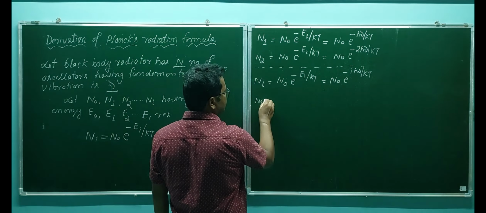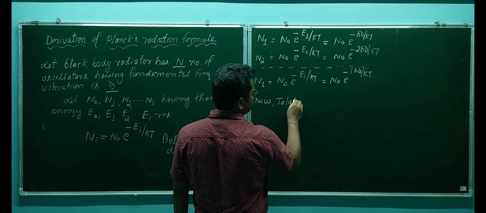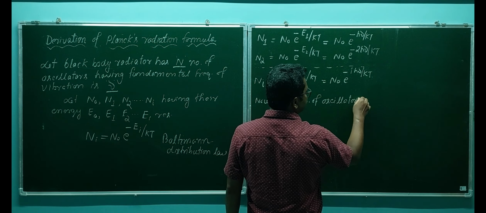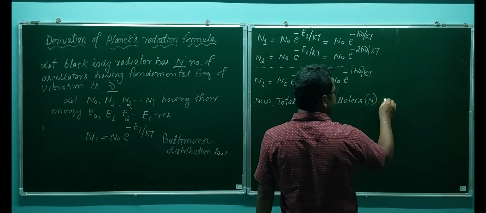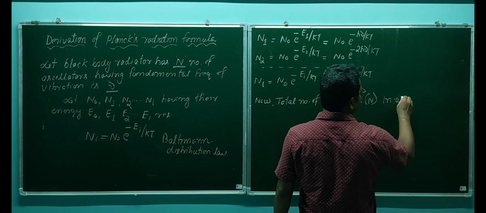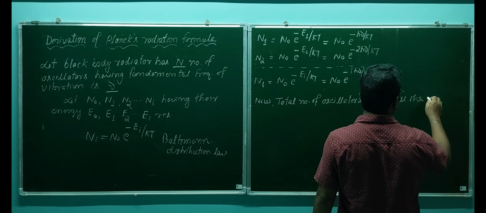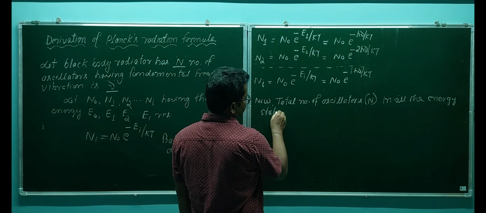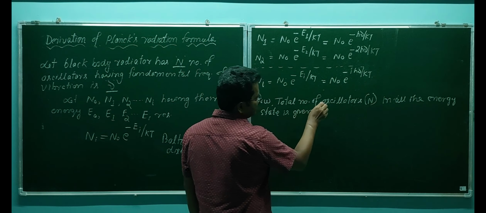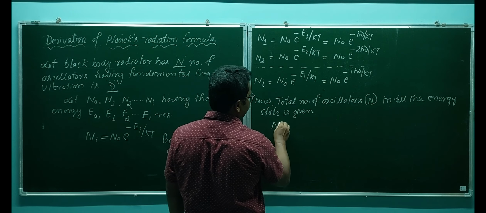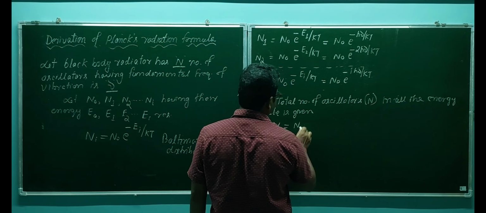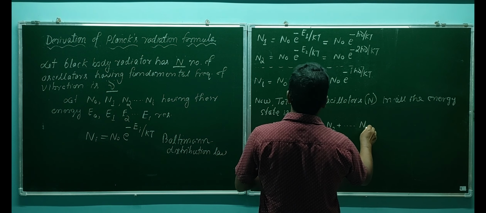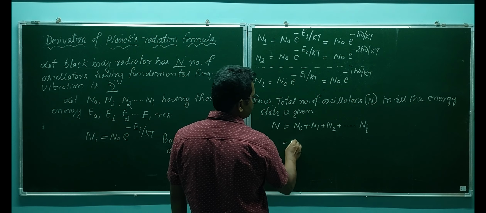Now, the total number of oscillators, capital N, in all the energy states is given by N equal to N0 plus N1 plus N2 plus up to Ni.